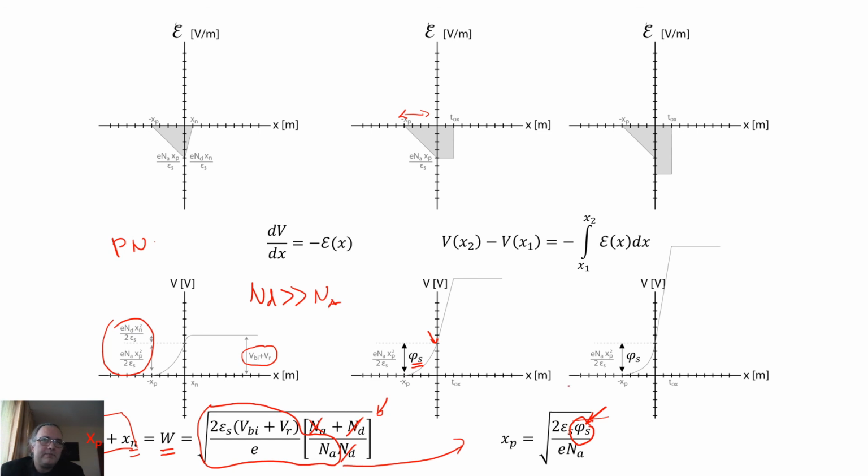Why is this important? Because if we reach certain maximum value, which is the end of the depletion region, at the border between depletion region and the inversion region, this voltage drop or potential drop will remain the same, unchanged in the inversion region. So this will not change.